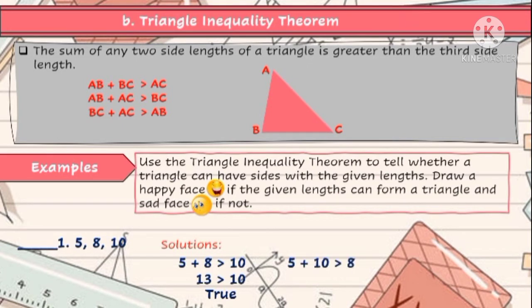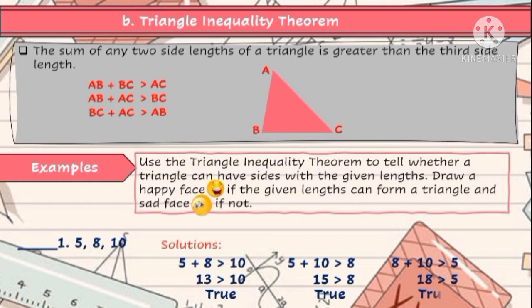Next, let's add 5 and 10. Dapat ito ay greater than sa third side length na 8. Simplifying it, 15 is greater than 8, which is true. And lastly, 8 and 10. Dapat greater than ito sa third side length na 5.